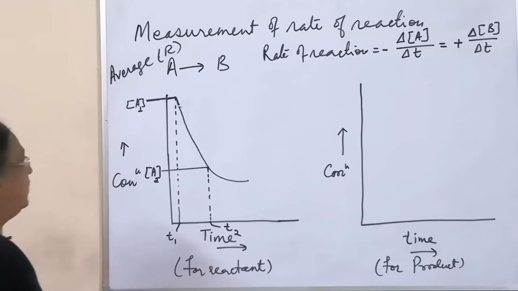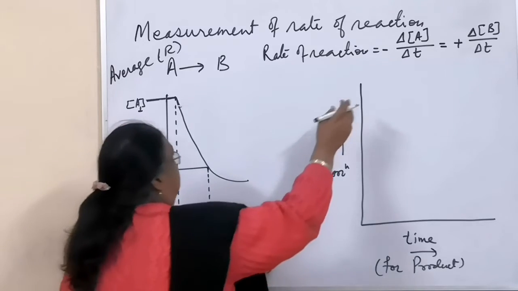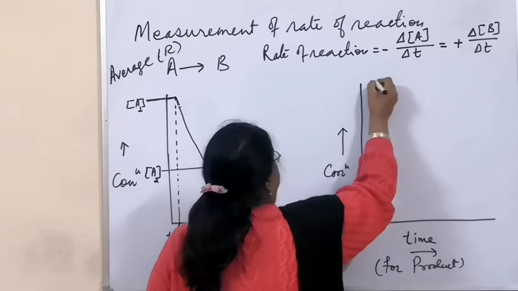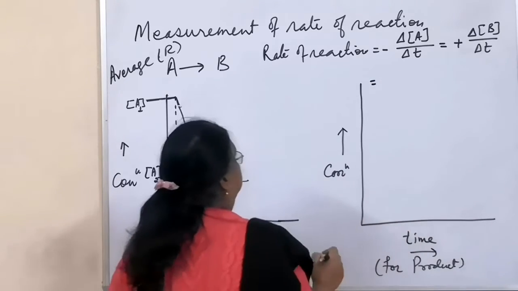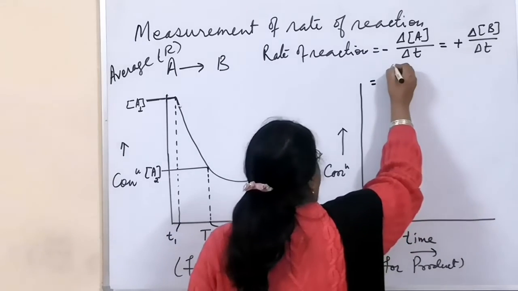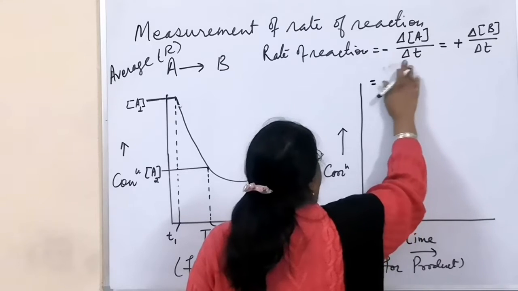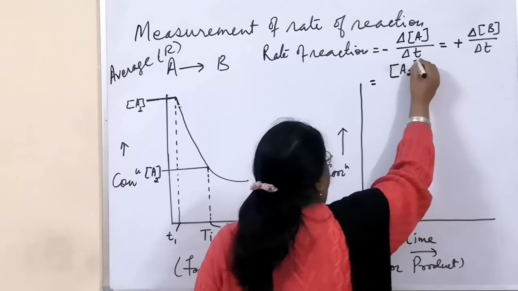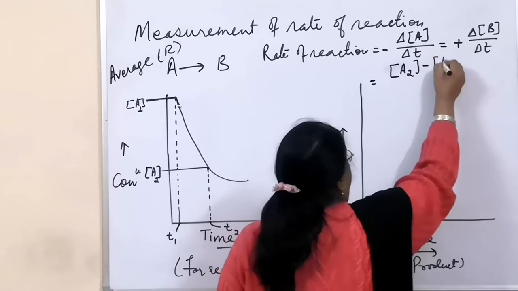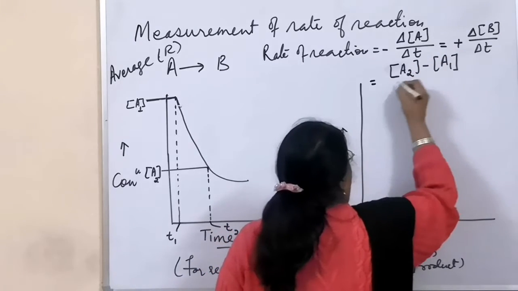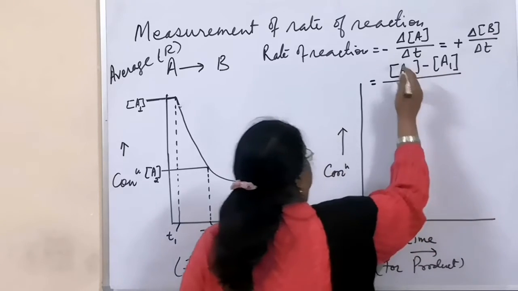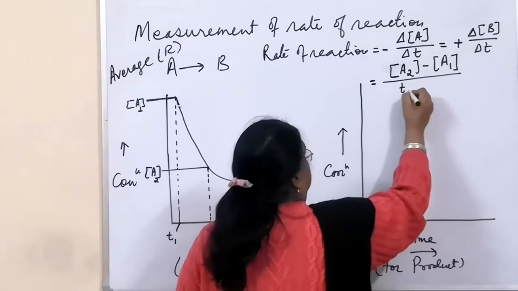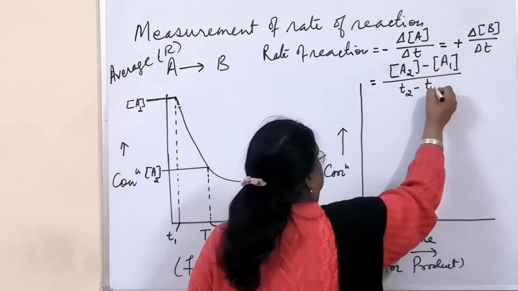If I talk in terms of the rate of reaction here, it is equal to the final minus the initial, so delta means difference. So the difference means A2 minus A1, upon delta T, which is T2 minus T1.